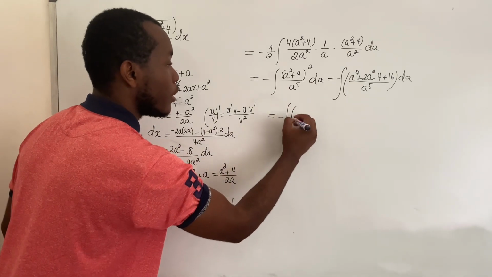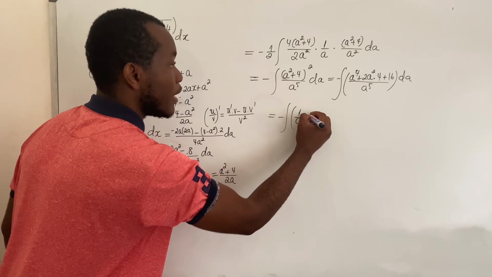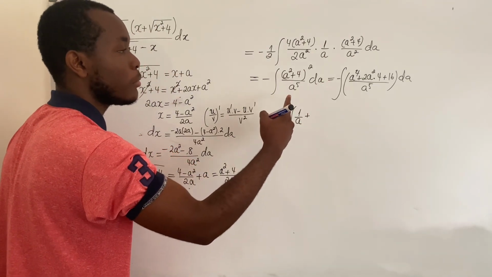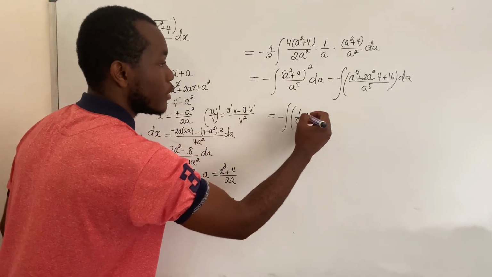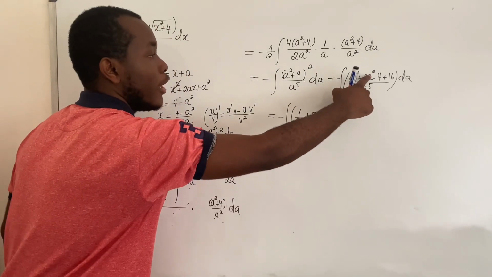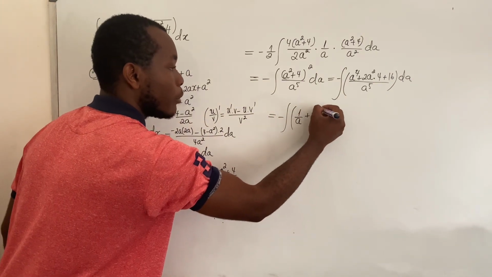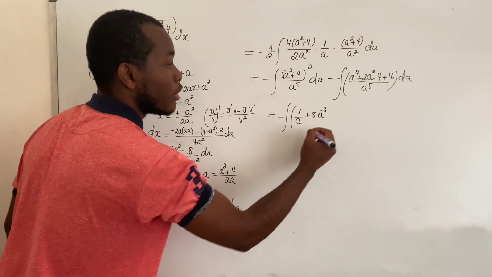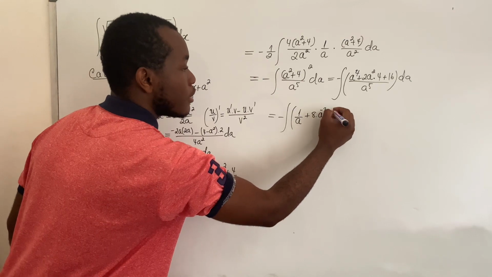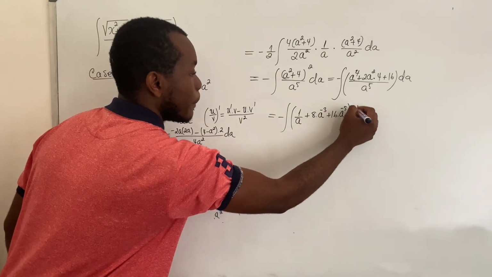So we will have 1 over a plus 2 times 4, which is going to be 8, times a over a to the power 5, which is a to the power minus 3 if we take it up, plus 16 times a to the power minus 5 dA.